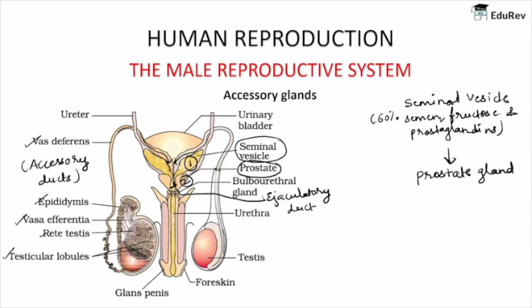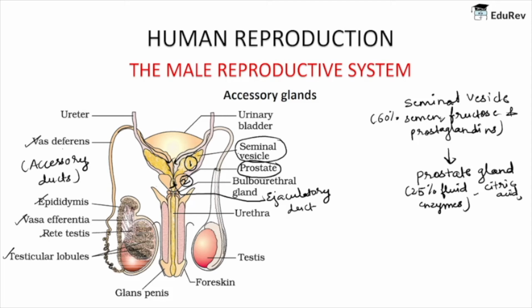It is single in number, but it also helps in secretion, and it secretes up to 25% of the fluid for the sperm. Apart from that, it also releases citric acid. And what else? It also releases various enzymes. Yes. Now you see where the prostate gland is present. It is present just below the seminal vesicle.